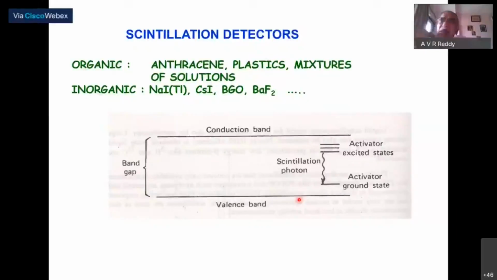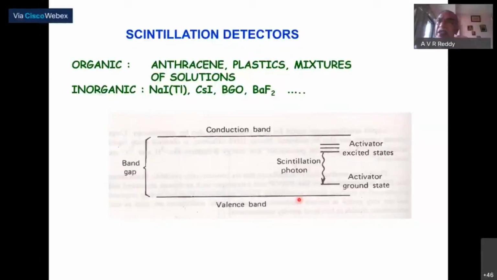I will show the principle of the PMT at the end of 2 slides. Whereas inorganic scintillators like sodium iodide thallium, cesium iodide thallium, BGO, barium fluoride, etc., all have a crystalline structure, and they will act as semiconductors.